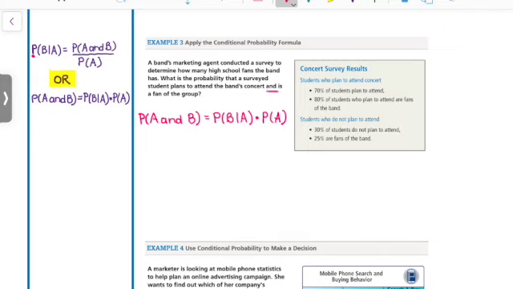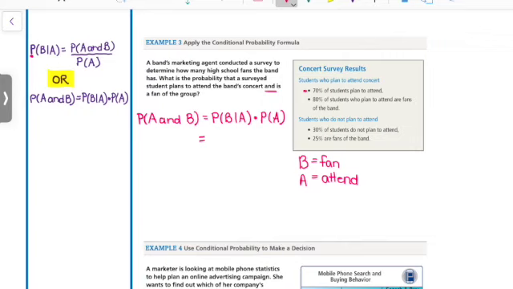In this case, we're going to let B be equal to a fan and A equal to attending. If we look up here, it says 70% plan to attend.